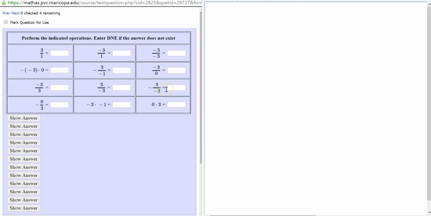In this example, we have the opposite of 3 over negative 3. So we could think of this as the opposite of 3 divided by negative 3. Well, we saw in the last problem that 3 divided by negative 3 is negative 1. So we'd have the opposite of negative 1, which is positive 1.